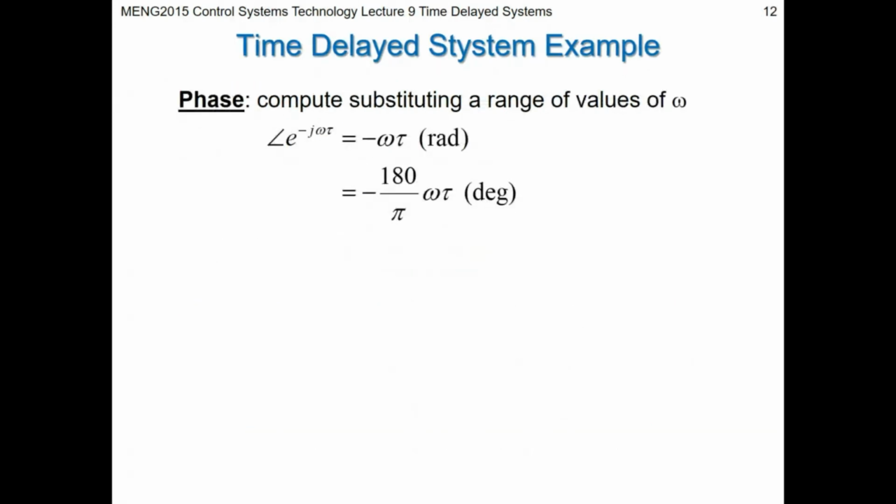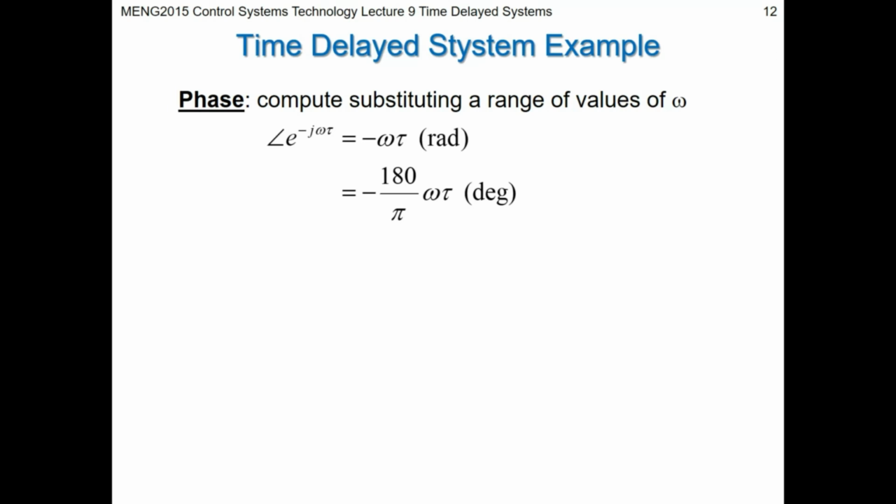If we were to do this, then find the angle of e to the minus j omega tau. What's the angle or the argument of that term? Because we'd have to do this if we wanted to plot this term on our Bode plot. We already said magnitude is 0 dB for all values of omega, but what's the phase lag or what's the phase angle for values of omega?